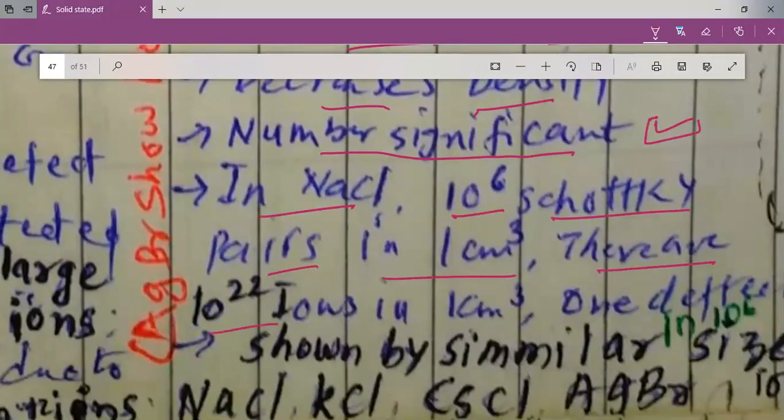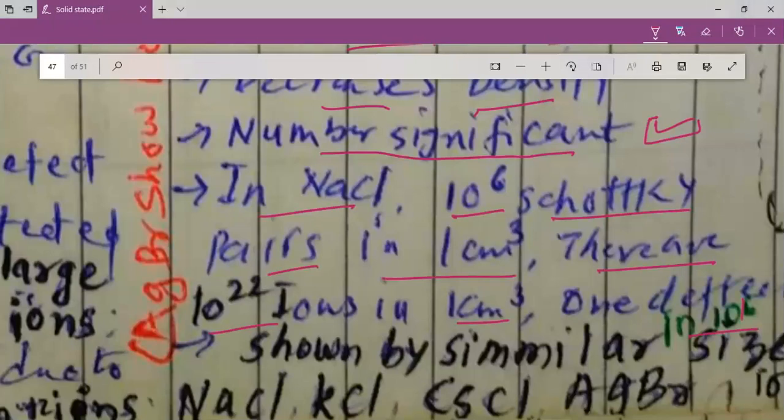There are total 10 to the power 22 ions in 1 centimeter cube, and thus one defect is shown in every 10 to the power 16 molecules which are distributed.